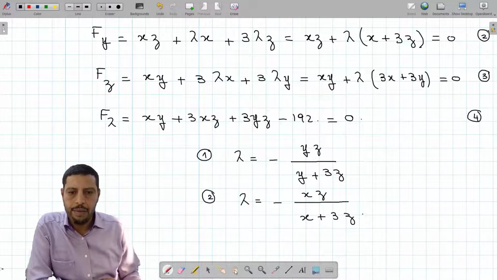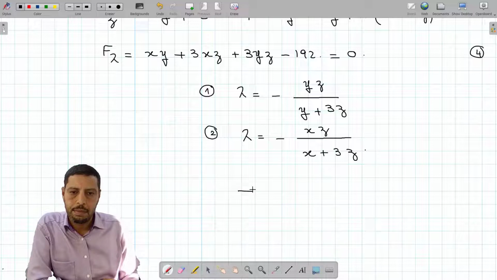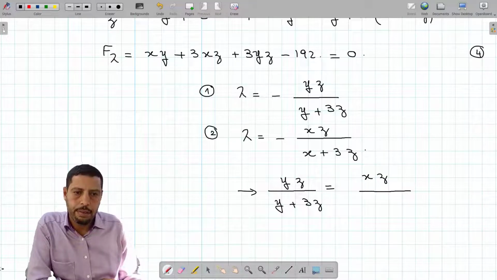Now, if you take the equality between these two quantities, since they are equal to lambda, and remove the minus sign because it appears in both, we can write that yz over (y plus 3z) equals xz over (x plus 3z).